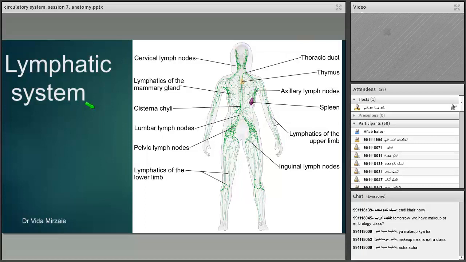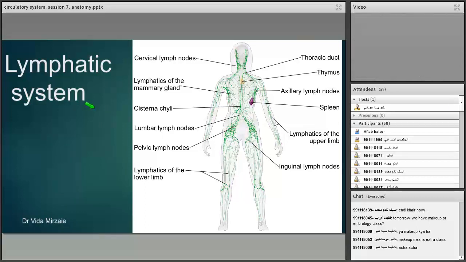The inner diameter of each capillary is so small that just one red blood cell can pass through these vessels.